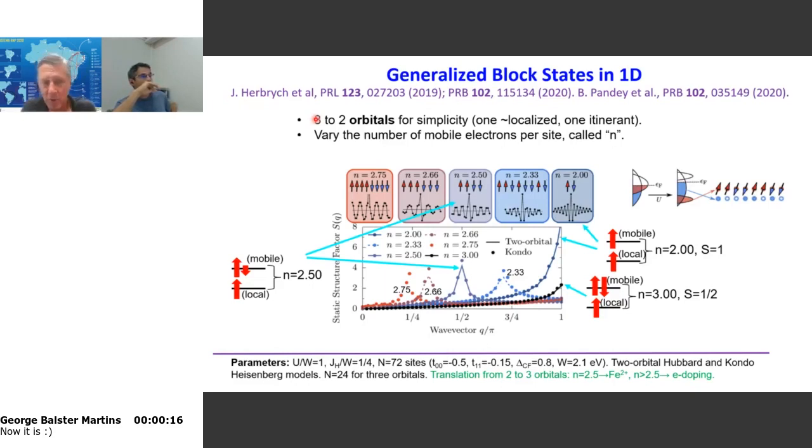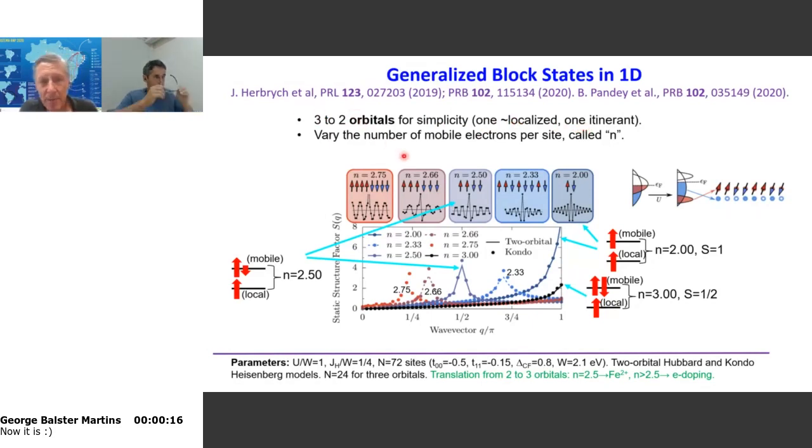You cannot go all the way to 1 orbital because then you miss the whole thing. But as long as you have 2, you can still be fine. So he found a clever way to do it. And consequently, in this OSMP, you have 1 degree of freedom that is localized, almost localized, and another one that is itinerant.